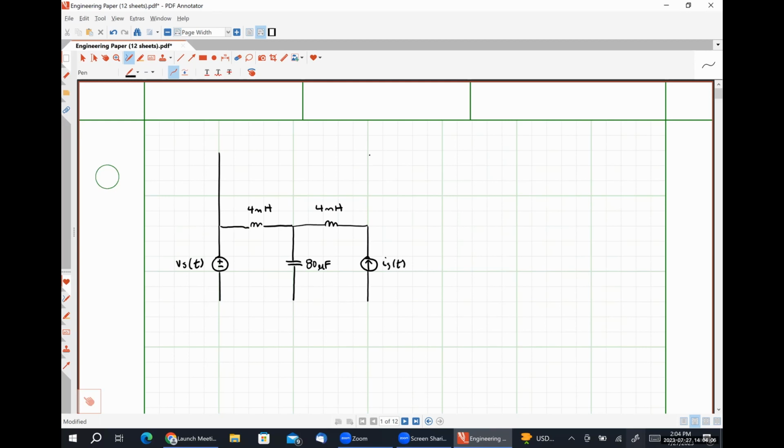Across the top of those two inductors, we're going to have a resistor. So this is going to be 5 ohms. And then in parallel with our current source, we are going to have a 10 ohm resistor.